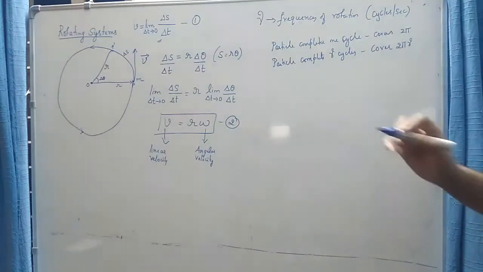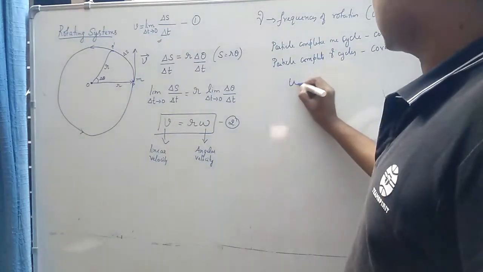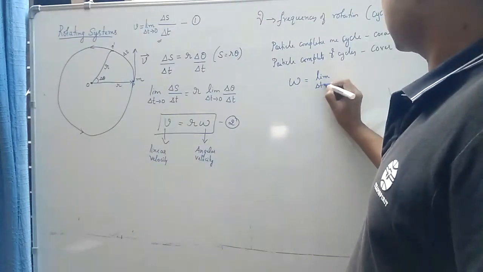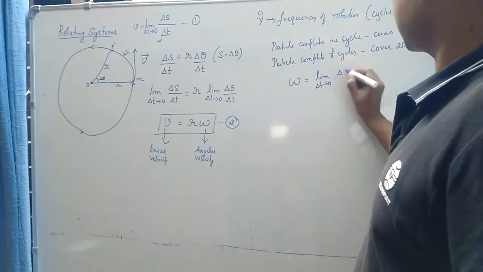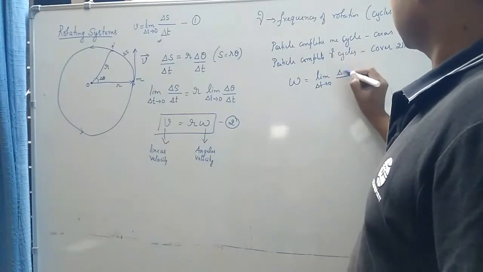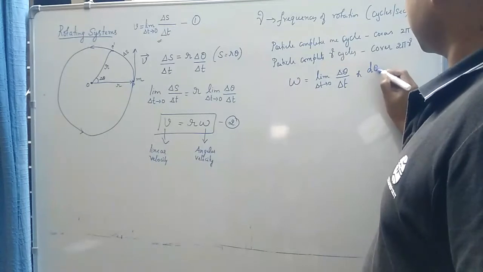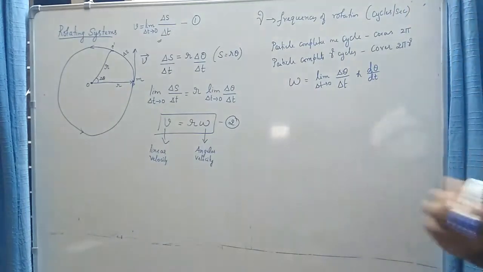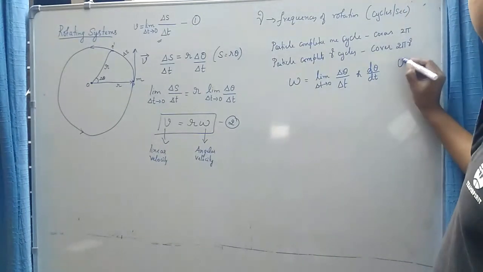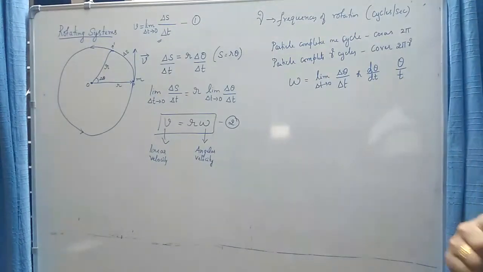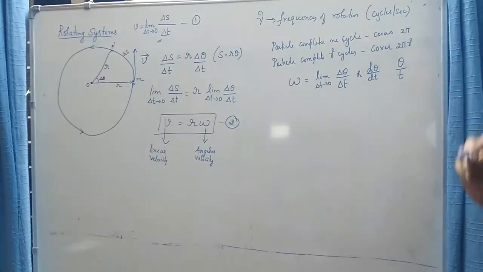And how did we define the angular velocity? The angular velocity is nothing but, as delta t tends to 0, delta theta divided by delta t, or you can simply write it as d theta divided by dt. Or more roughly you can simply write it as total angle covered divided by total time.